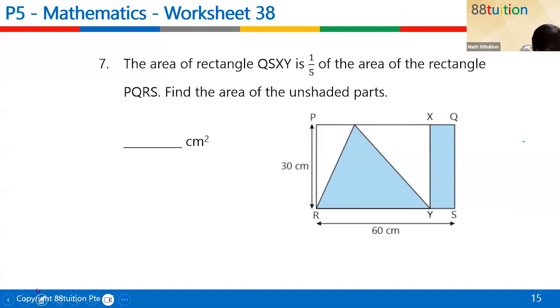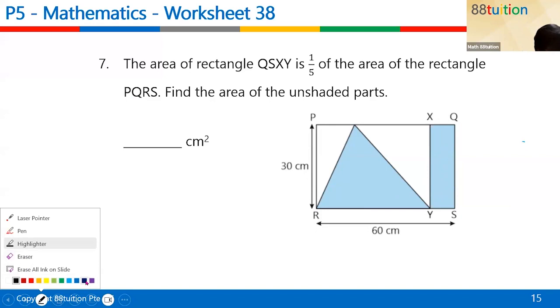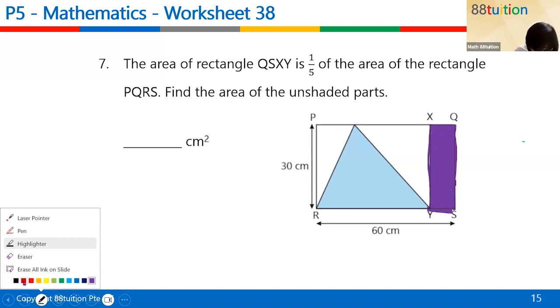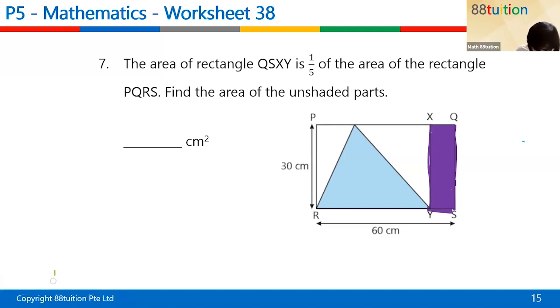Then this one itself, okay, I'm going to put them in color. So this one is 1 unit. Okay. Yeah, this for... okay. So this is 1 unit, and the entire thing here, let's put it in green.